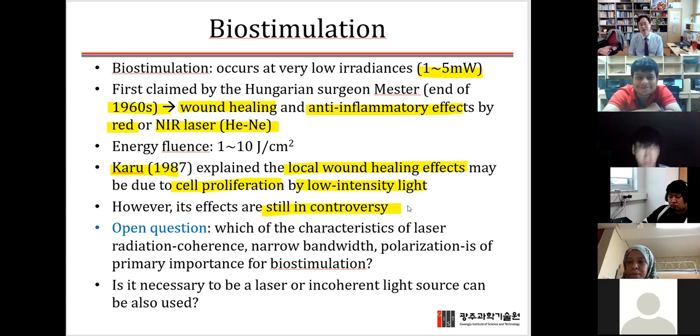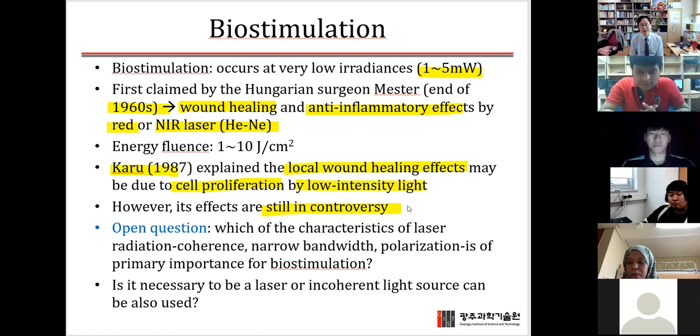So LED mask for the face skin, LED helmet for the hair. So it seems like using the low power light is giving some good effects on the skin or hair.